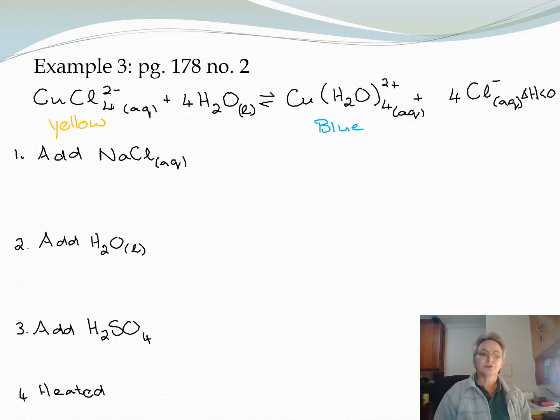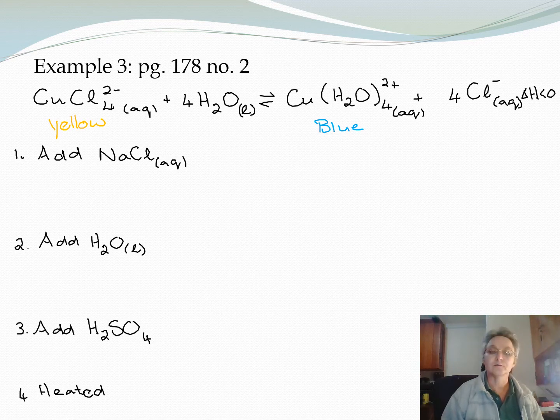Lastly, I want to do my example 3 on page 178. It's question number 2 of the think tank there. You've got anhydrous copper chloride, which is yellow. It's dissolved in water, and the color changes to green and then to blue because of the copper being hydrated with water.